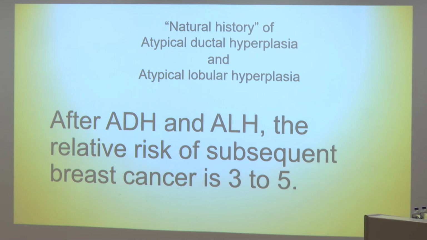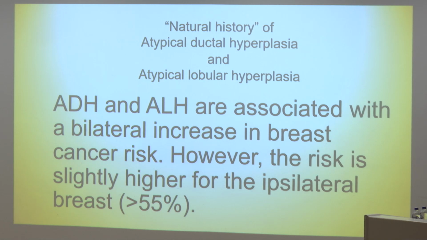But we must inform the woman that after such diagnoses, there is a relative risk of subsequent breast cancer in her lifetime, which is 3 to 5. That means 3 times more than the general population to have breast cancer in the future. And this risk is not only for the ipsilateral breast, but for the other breast as well.